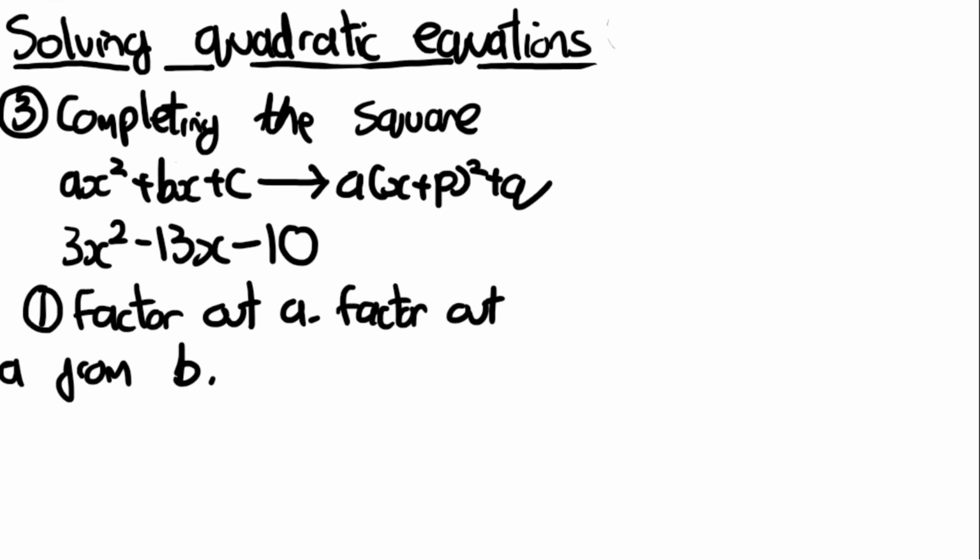This might not make so much sense on its own, but you need to factor out a, which remember is the coefficient of x squared, so it would be 3x squared minus, and you need to factor it out from b as well, so you need to divide 13 by 3, so it'd be 13 over 3 x, and then the minus 10. You don't factor out the 3 from the 10, you don't need to.